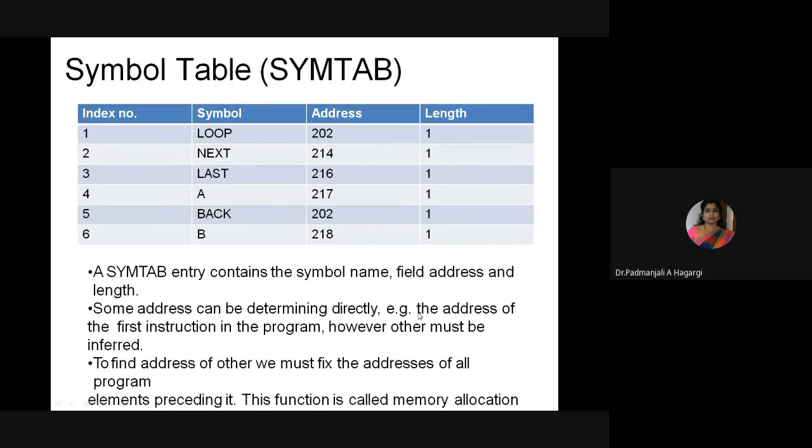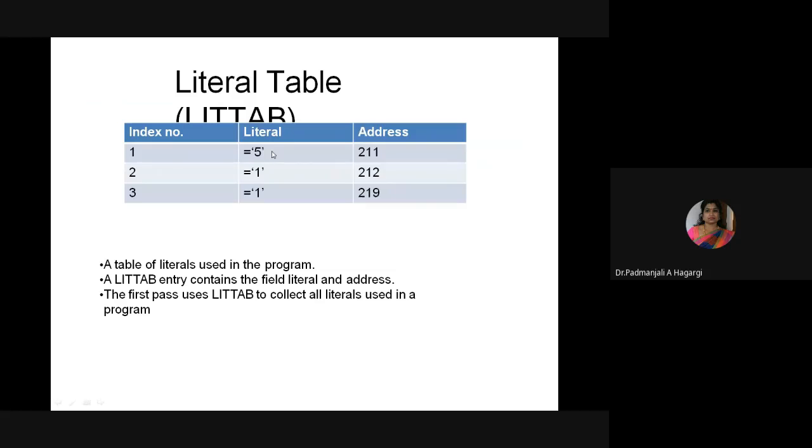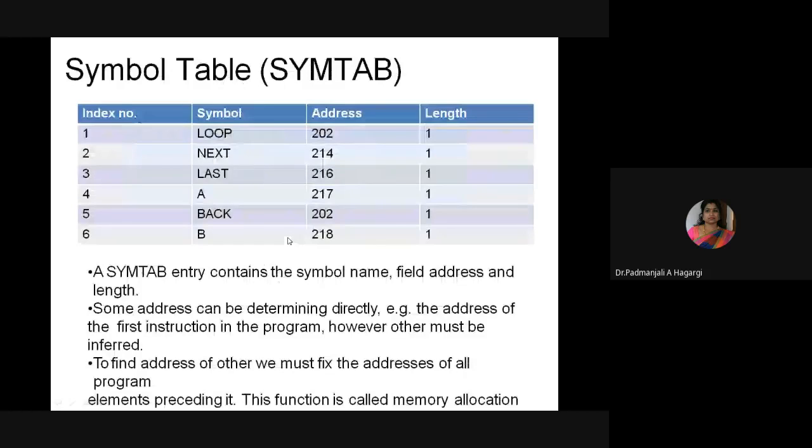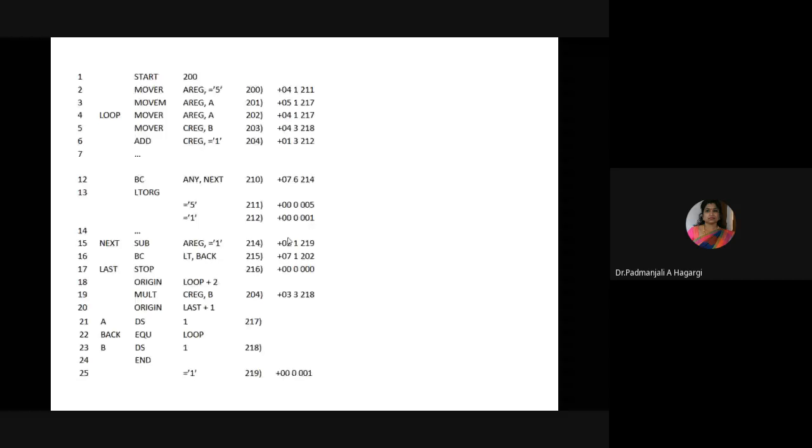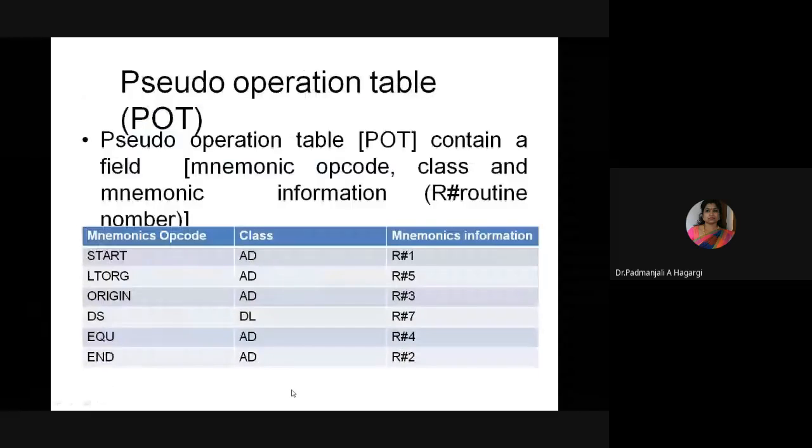And next is the literal table. As I have told you, 5 and 1 are the two literals used in the program, and I will tell you their locations. 5 is at 200, 1 is at 204, and this is its displacement value, and one more is used in the last statement.